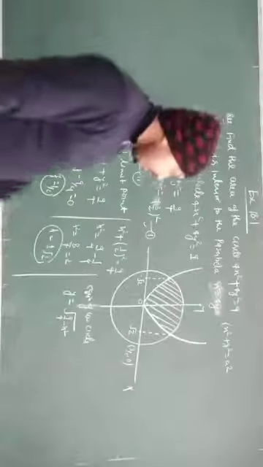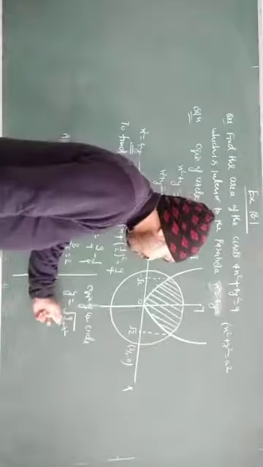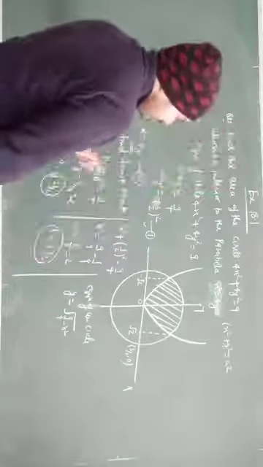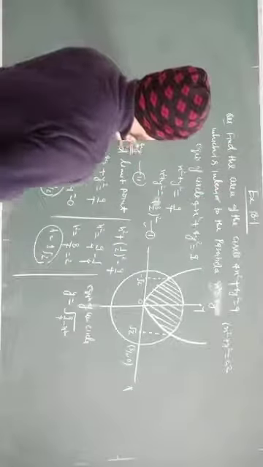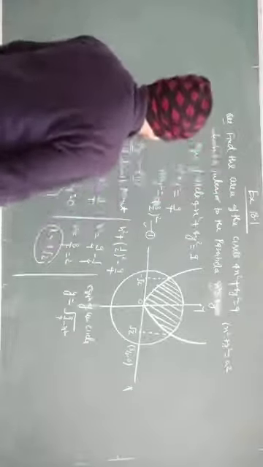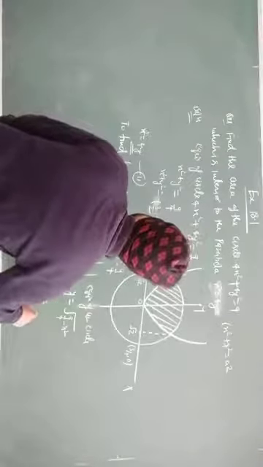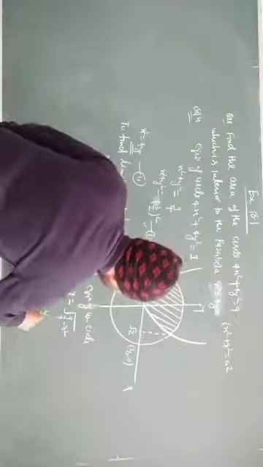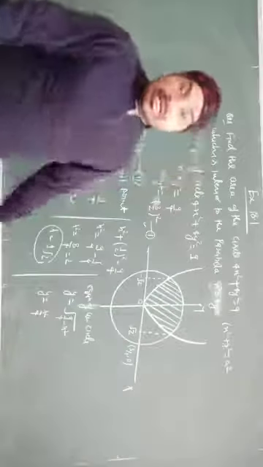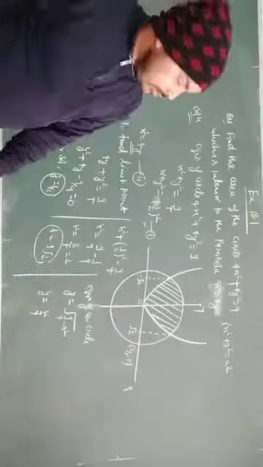So the upper curve is y equal to under root 9 by 4 minus x square, and the second curve is x square equal to 4y, or y equal to x square by 4.